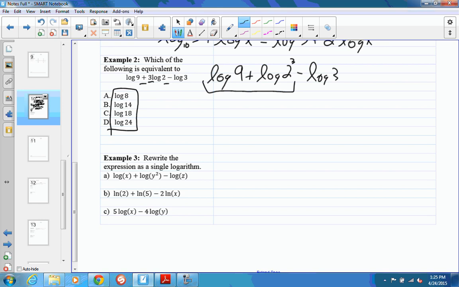Good, so let's condense these. What am I going to change log 9 plus log 2 cubed to? What do you think, Brent? They're being added, so which property am I going to use? Product. Good, so I'm working in reverse on my product property.